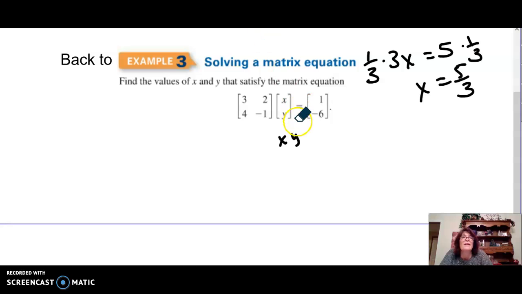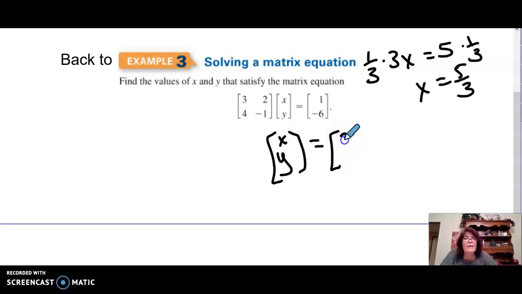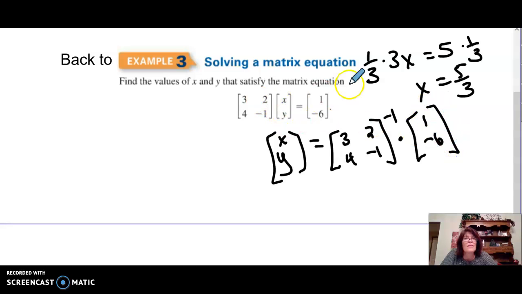X, y is going to equal the inverse of my 2 by 2 matrix multiplied by this matrix, just like I took the inverse of 3 and multiplied it.